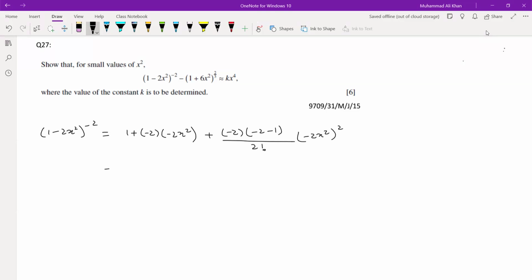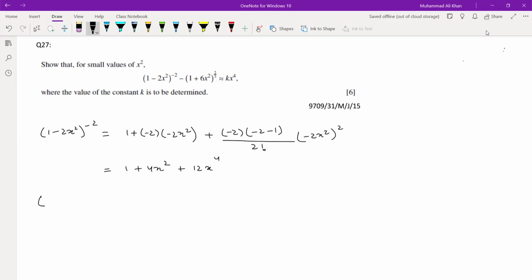So now it will be 1 plus 4x squared, and the next term is plus 12x power 4. Is this coming?